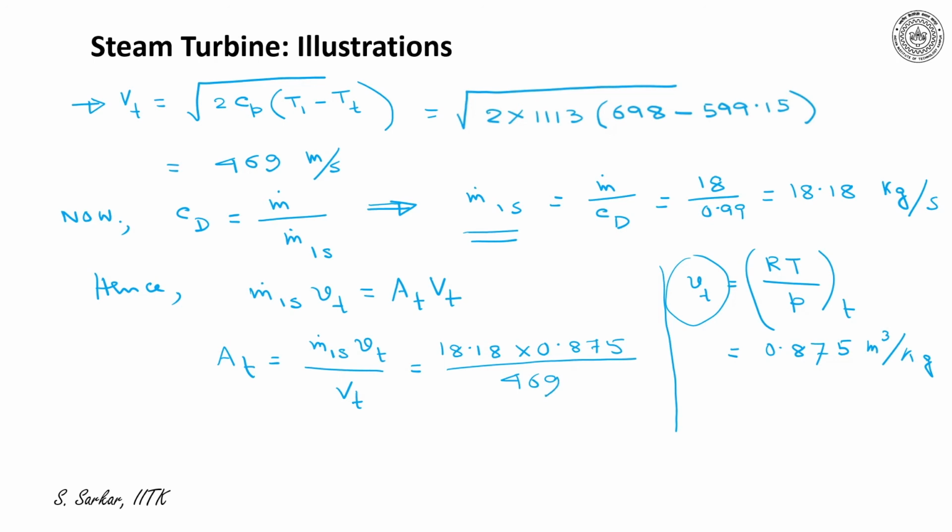If you evaluate, you'll get area of the throat as 0.034 meter square. Thus, I have calculated area of the throat as 0.034 meters square. Hence, I have solved the problem calculating exit area of the nozzle and area of the throat.